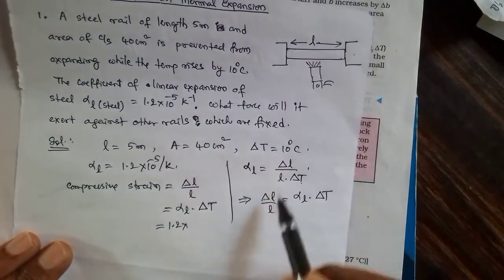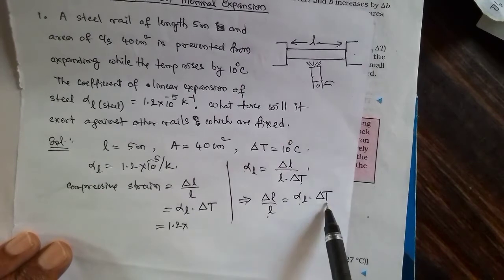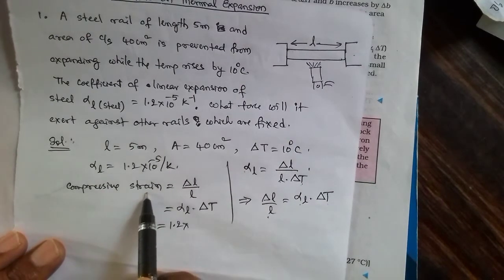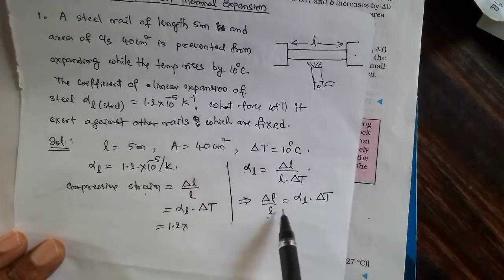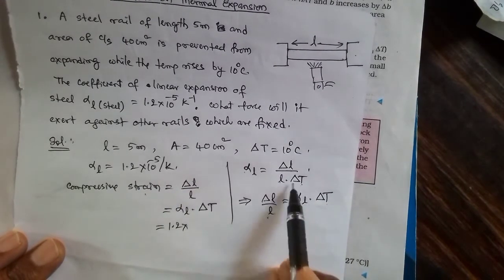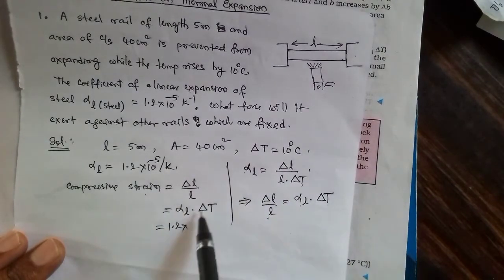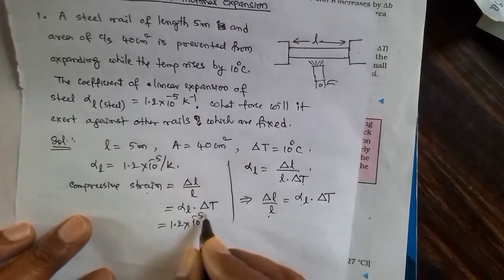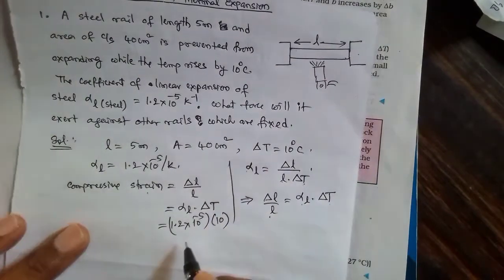So delta L by L is equal to alpha L into delta T. Here compressive strain means decrease in length by original length, and that is equal to alpha L into delta T. Alpha L value is given, change in temperature is 10 degrees centigrade.